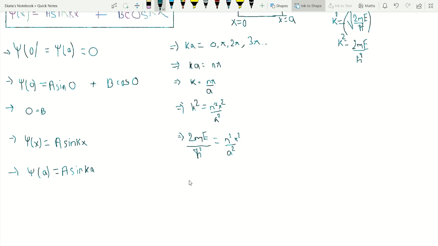Now what is the equation for the energy? Just move all this to the right hand side, leaving energy on the left hand side.